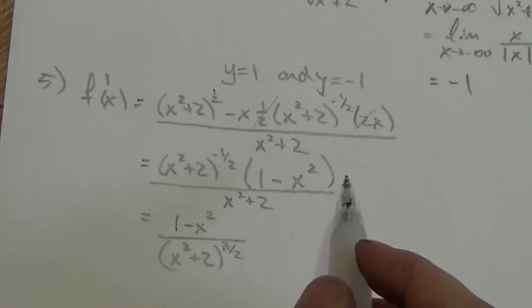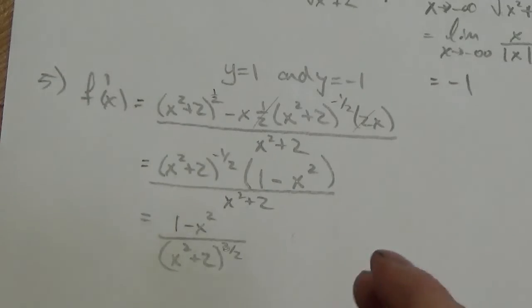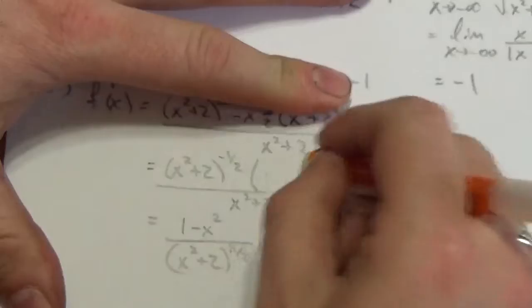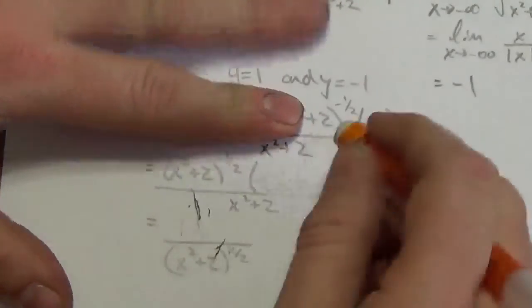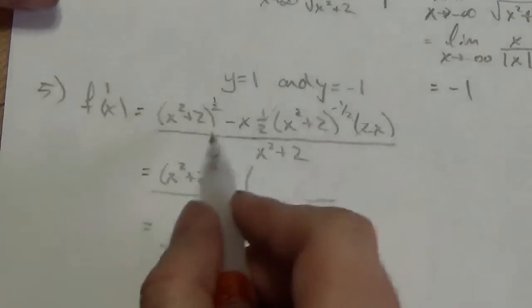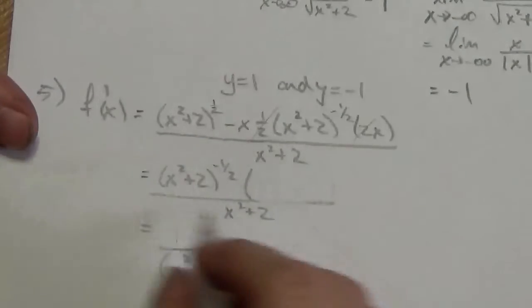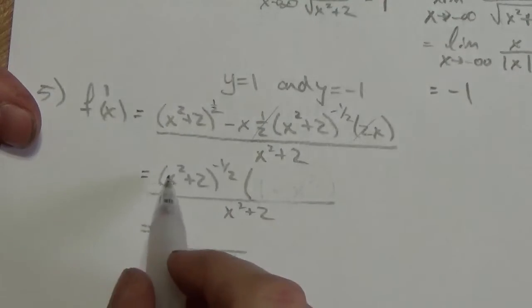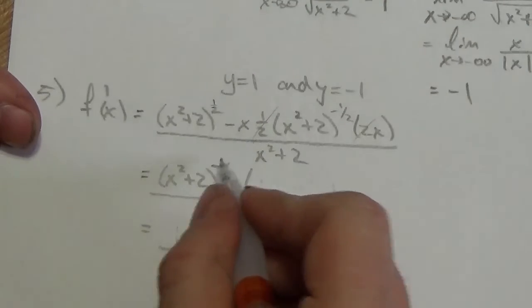So I want to double check that I did that right there. Oh, shoot. No, I didn't. No, I did not. I'm sorry. I got to go back up a step here. I did not take out x squared plus 2 to the 1/2. I took x squared plus 2 to the -1/2.